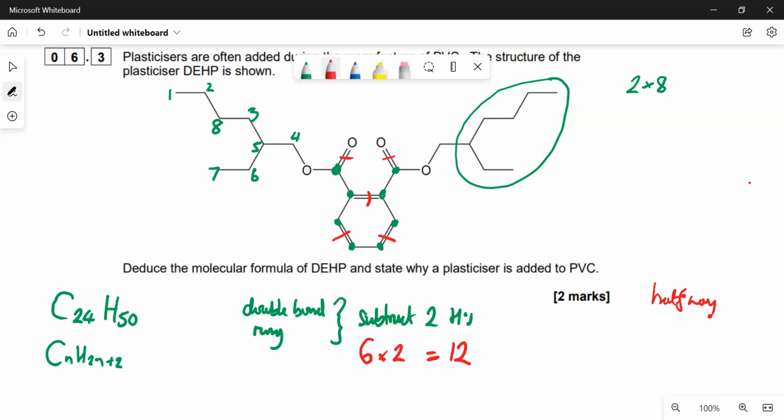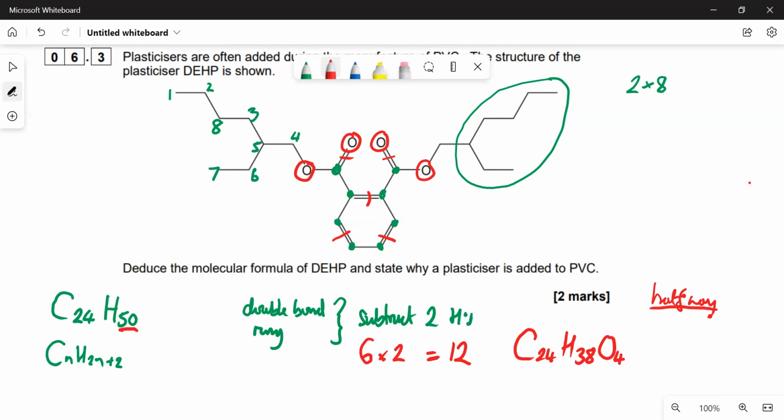So we've got to subtract 12 from that 50 to get our answer. And then don't forget we've actually got 4 oxygens as well. So the answer is going to be C24, 50 minus 12, which is 38, and we've got 4 oxygens, put them there. So that's nearly halfway.